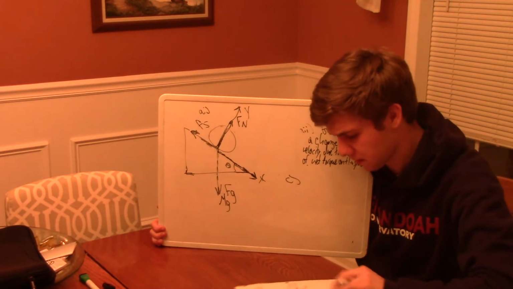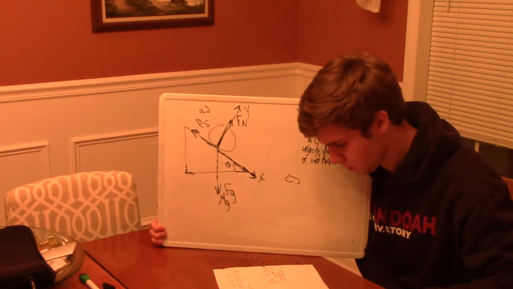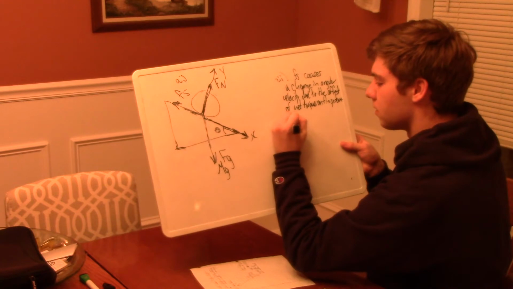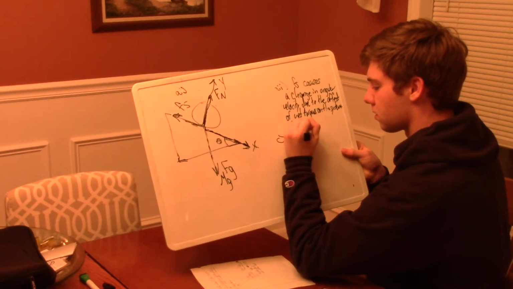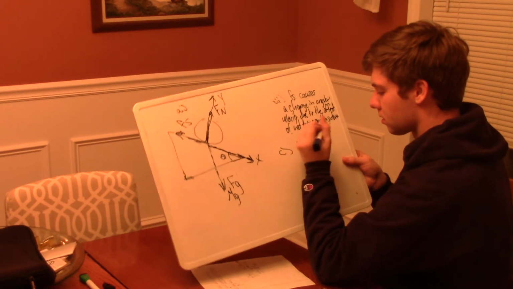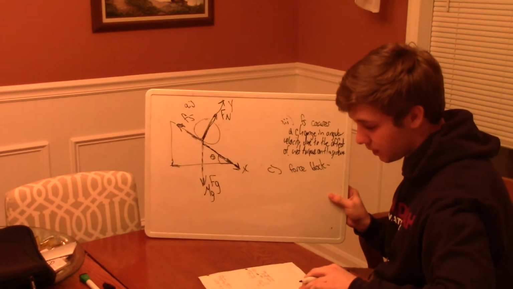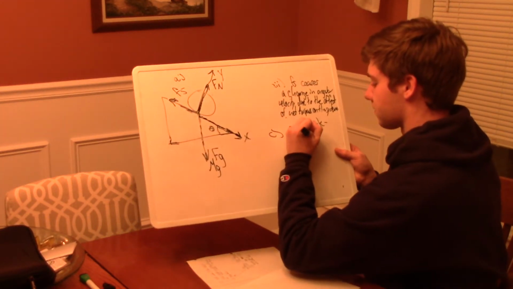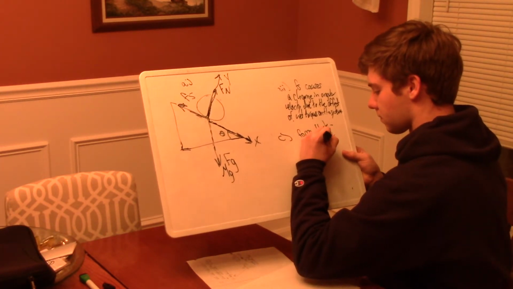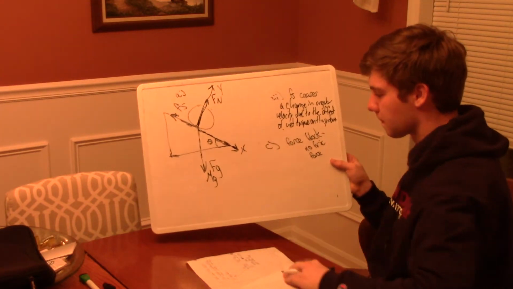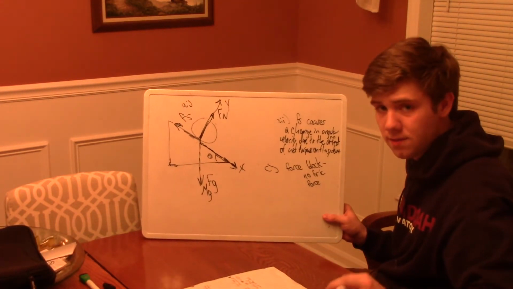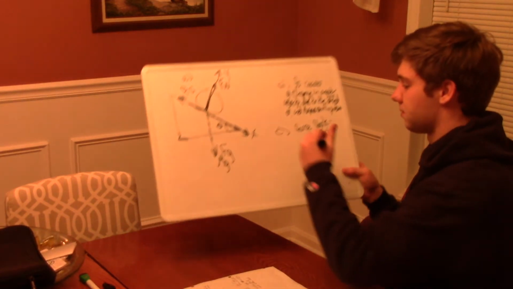So, let's look at that. Well, first we need to examine the forces acting on each of our objects. So, forces. For our block, we have no frictional force. But now, for the wheel, we have our force of static friction pulling it up the ramp.